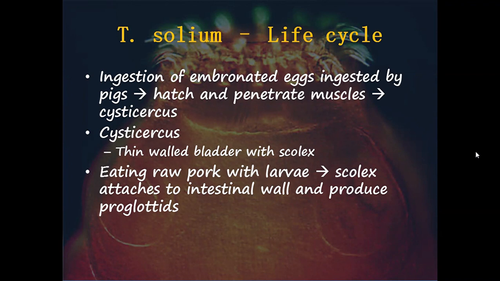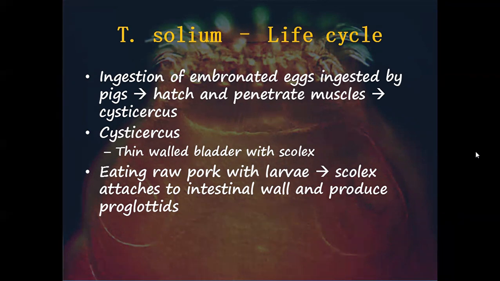Okay. What is now a cysticercus? A cysticercus is a thin-walled bladder which just contains the scolex of the organism. Okay. When you eat raw pork, which contains the cysticercus, the scolex will now attach to the intestinal wall and will start producing proglottids. Okay, so this is the most common life cycle.